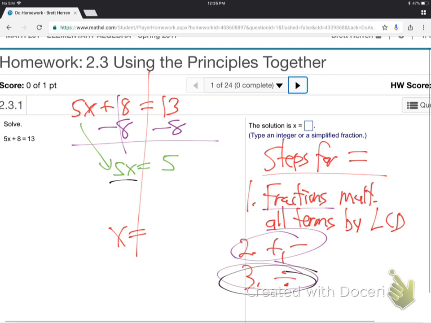Divide by the very same sign, the identical twin. Same sign, same everything. Whatever's next to X, just divide by exactly that. So that cancels. 5 over 5 is 1. There's our answer. Good on that one? Two steps there.